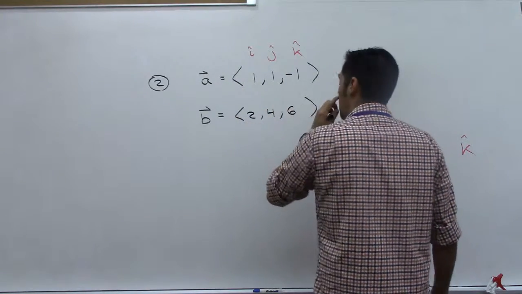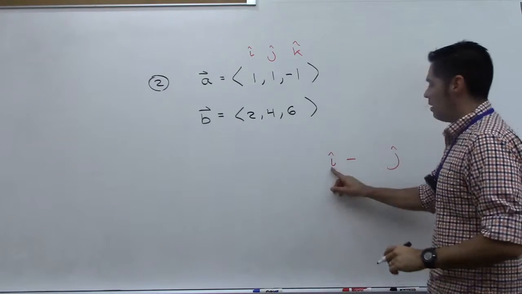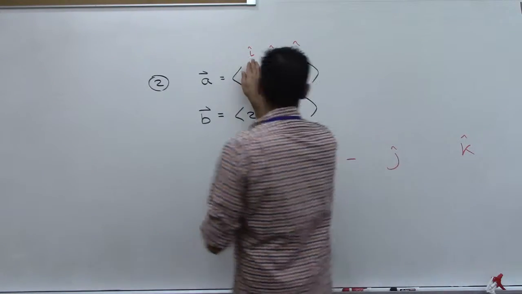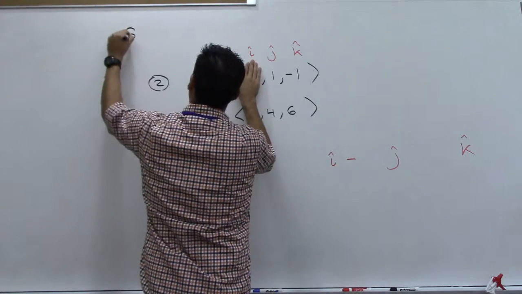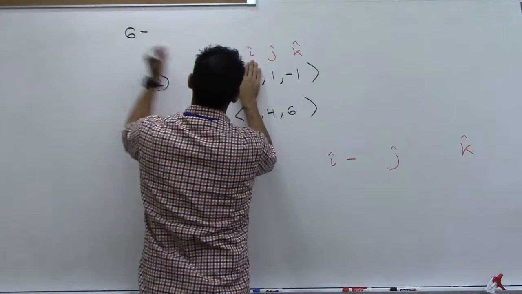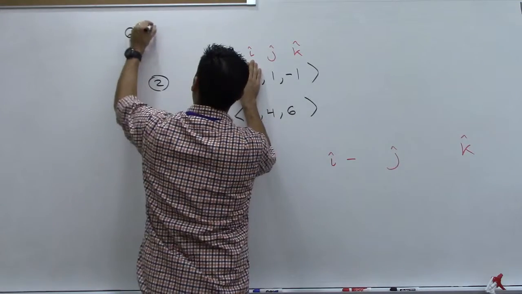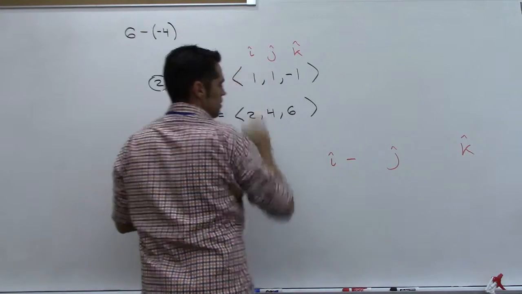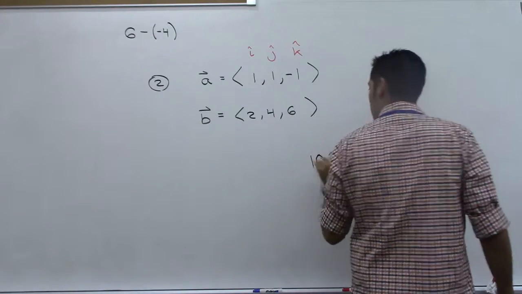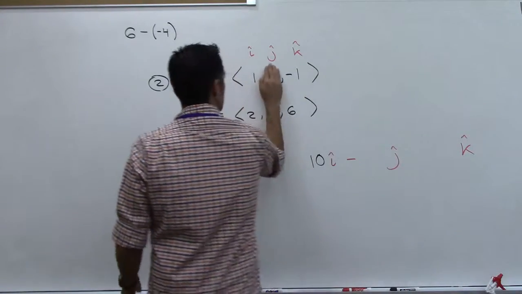All right, so if I'm going to find out what the I component is, I cover up the I here. 1 times 6 is 6, and then I'm going to subtract from that 4 times negative 1, which is negative 4. So that's 6 plus 4, which is 10, so I'm just going to put a 10 here. And then to find out J, I do this.